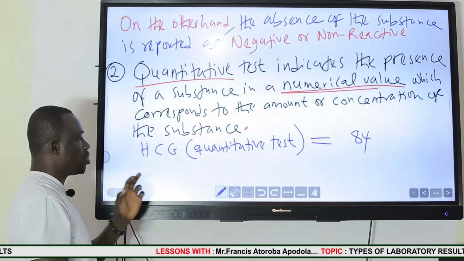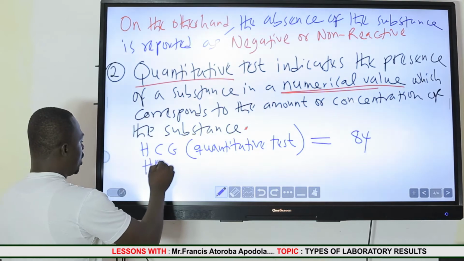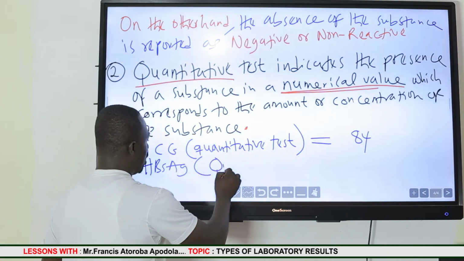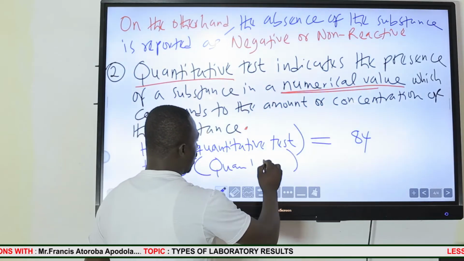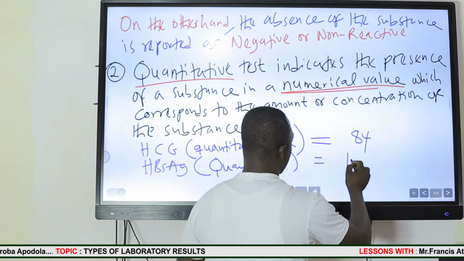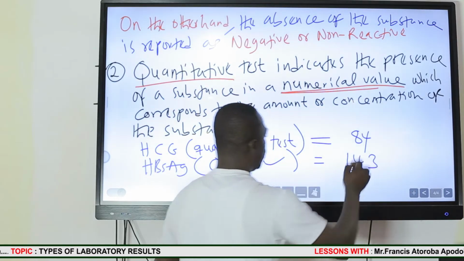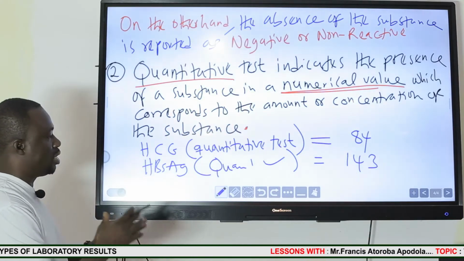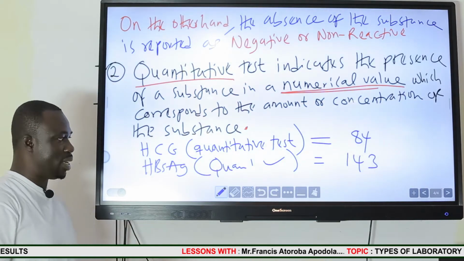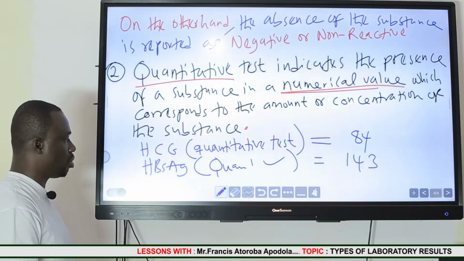For hepatitis B surface antigen, we can do a quantitative test for it, and in that quantitative test, it will assume a value, say for instance 143. Where the test results are reported in numbers, then that is a quantitative test result.